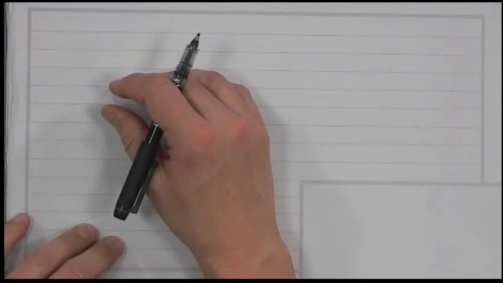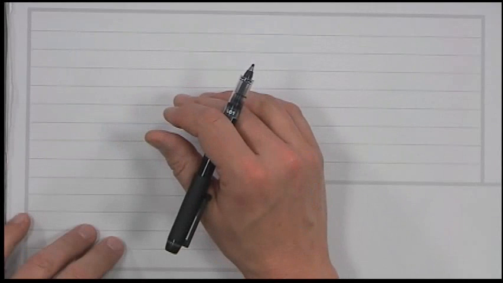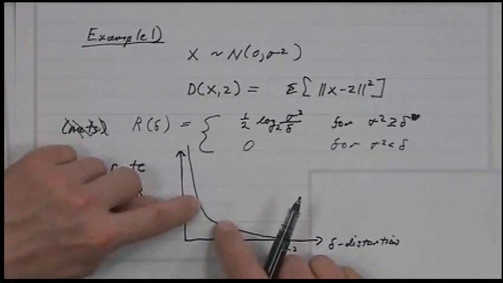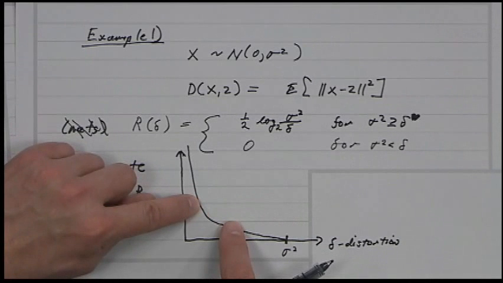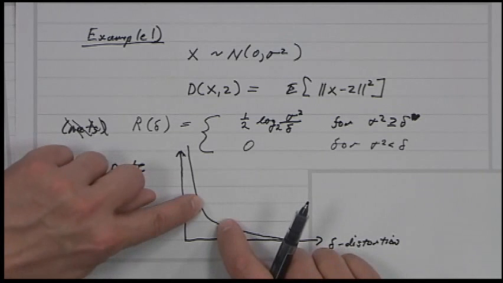Even this little bit of knowledge is useful when you're dealing with rate distortion functions. By the way, this function is monotone decreasing, so as you increase the distortion, the rate can only go down. It can't go up. And the other thing is it's convex.